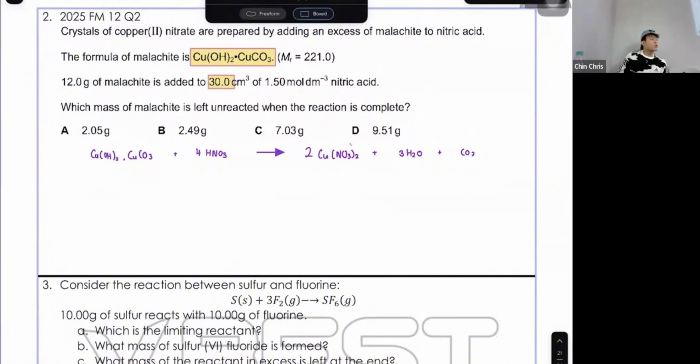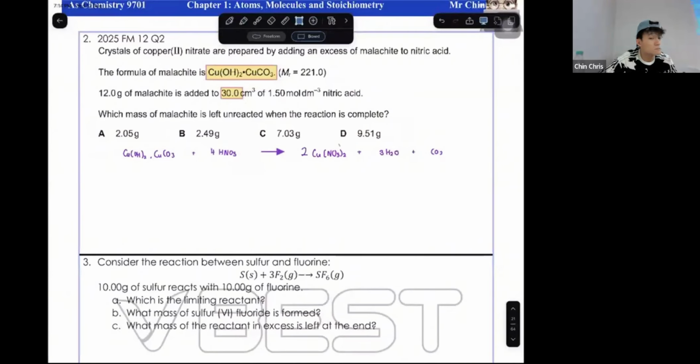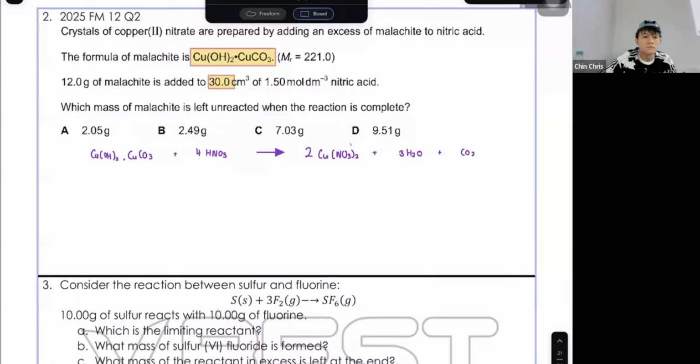So, guys, basically, your nitric acid is the one that is limiting, yeah. Okay, answer, guys. Anyone?